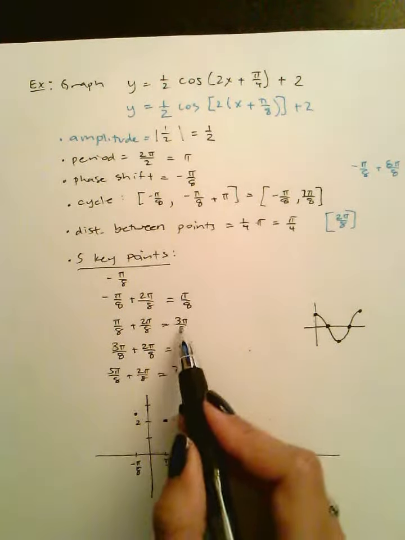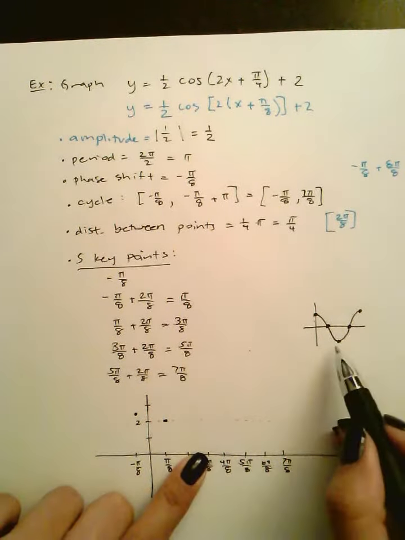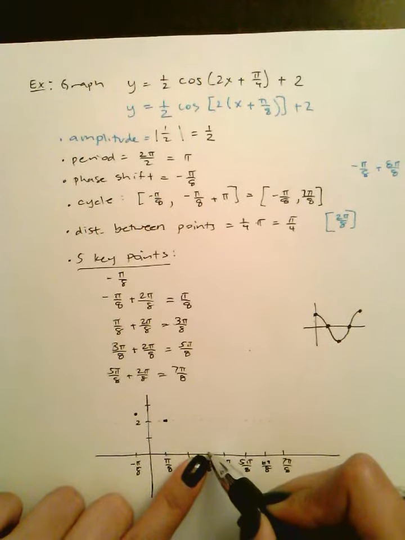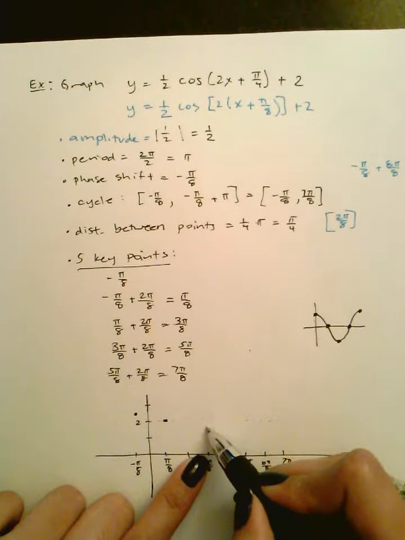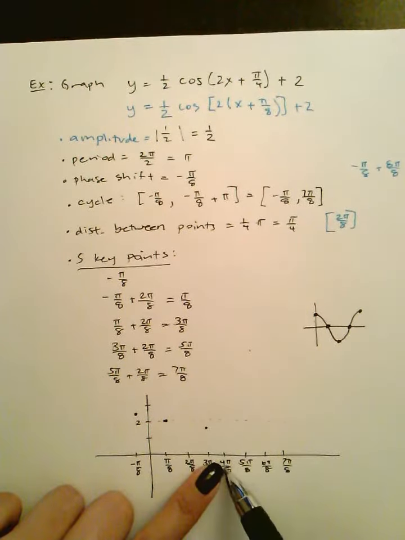And then 3pi/8 is the next one, so again, don't go to the 2pi/8, but to the 3pi/8. The third point here corresponds to the third point of the cosine graph because there's no reflection; it's below the center. Take care of the amplitude, meaning we're going half below the center. Center is at 2, so then we go half below it and we get 1.5. Then the next key point is at 5pi/8, so we skip over the 4pi/8.